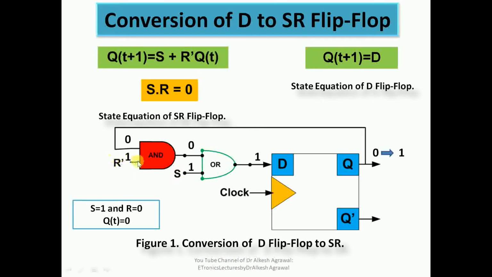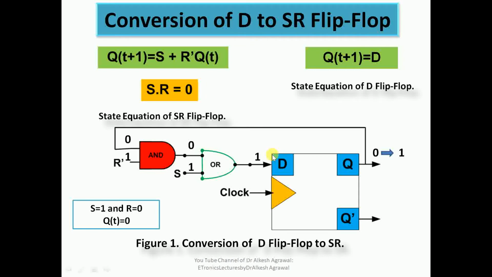So we have R complement and this is the feedback of Qt. So through this AND gate, what we are implementing is R complement Qt, because one input is R complement, another input is Qt. So this is for implementation of R complement Qt ORed with S. So finally at the input of D, what we are applying is S or R complement Qt.